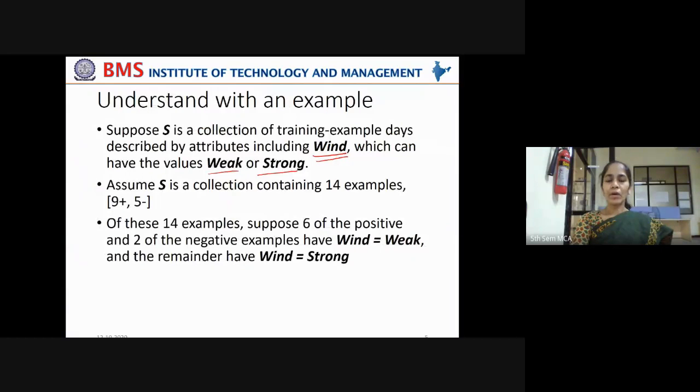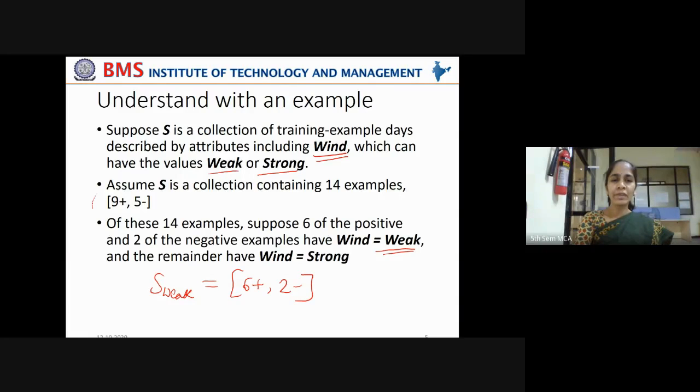Now, of these 14 examples, suppose 6 positive and 2 negative examples have wind equal to weak. So we can write that like this, S of weak. The training examples with wind value as weak are 6 positive examples and 2 negative examples.